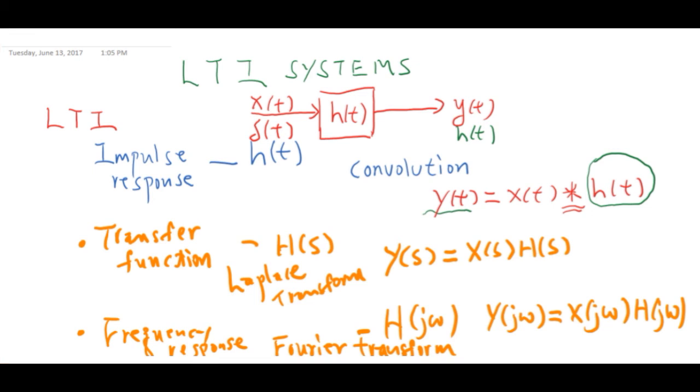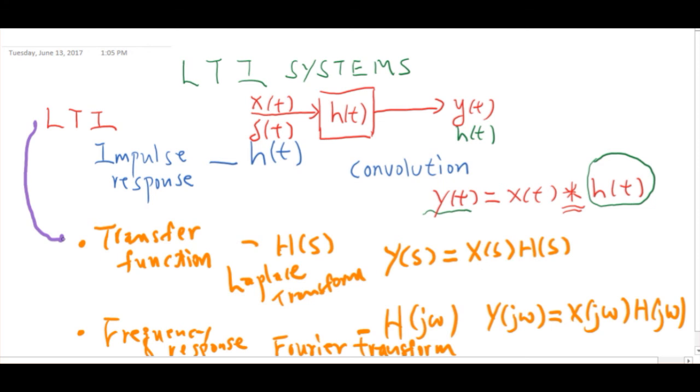From what we have seen, these three, the impulse response in the time domain, the transfer function in the s domain, and the frequency response in the frequency domain, should be quite closely related. In fact, they are.